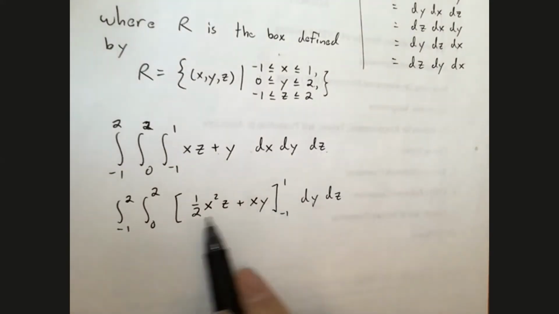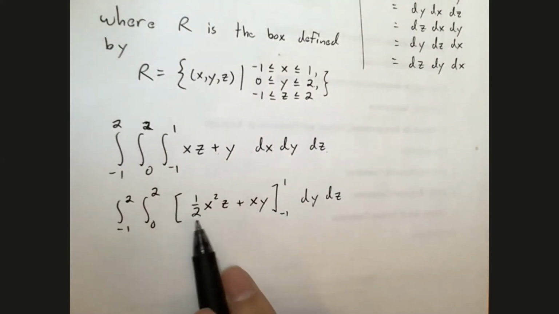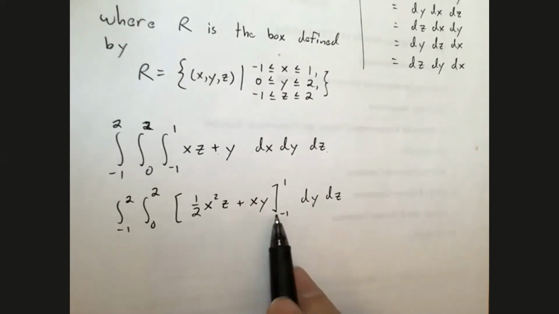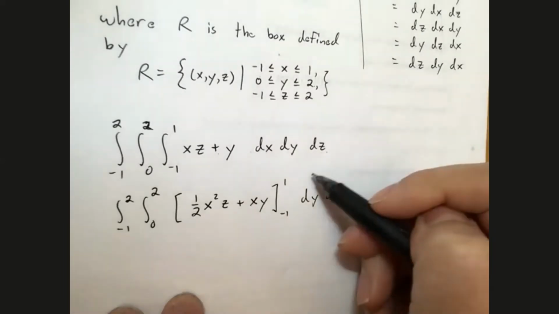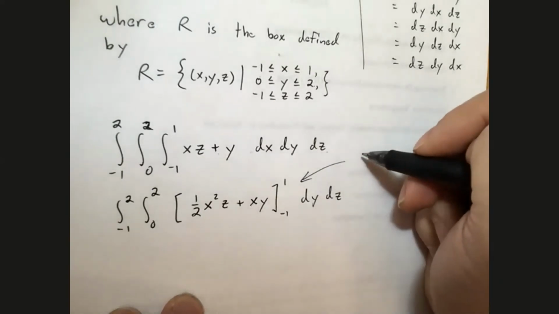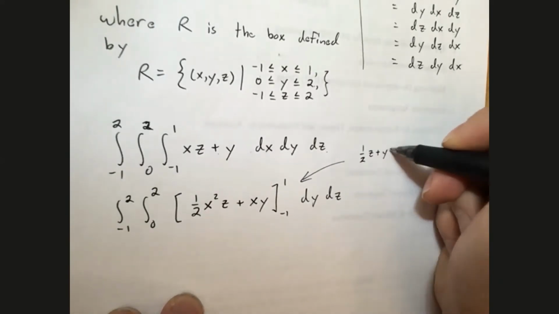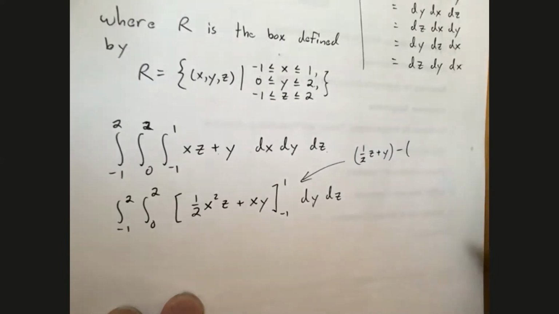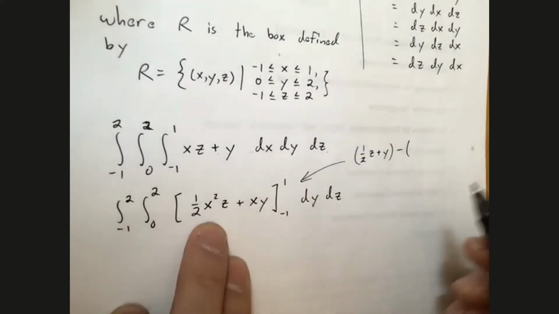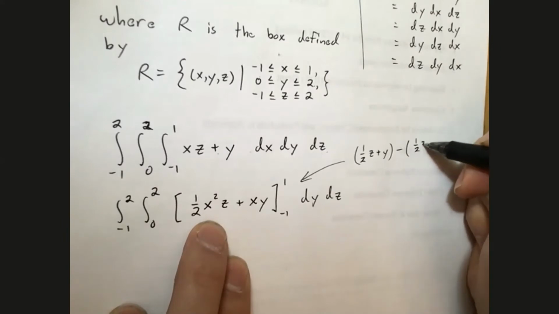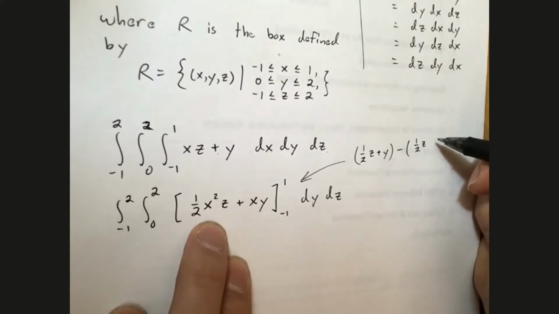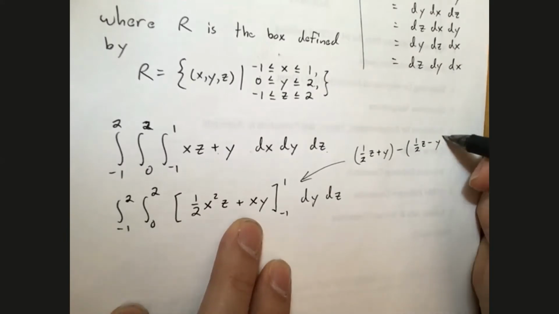If I plug in 1, I get 1/2 z plus y. All right, so let me just save space and write this down over here. I get 1/2 z plus y when I plug in 1. And when I plug in -1, I get 1/2 z minus y.